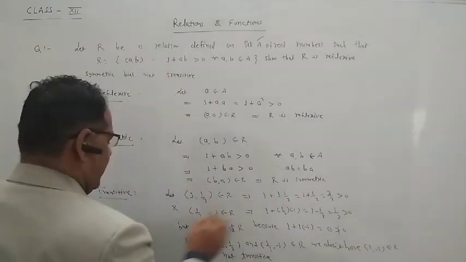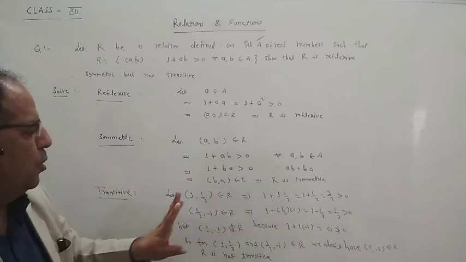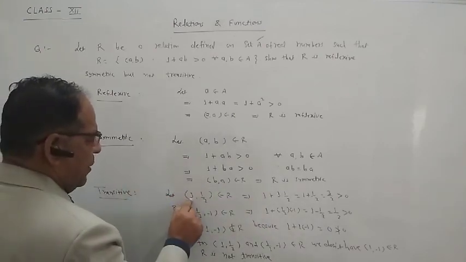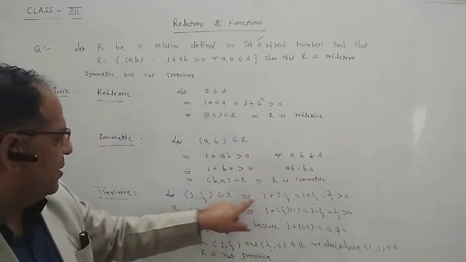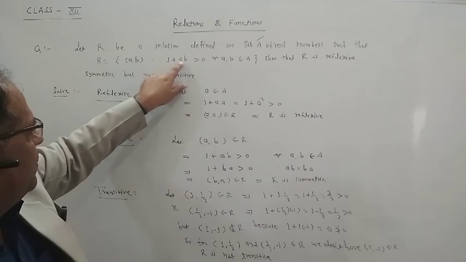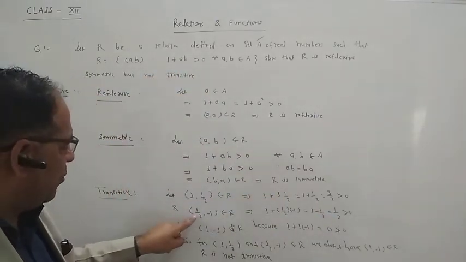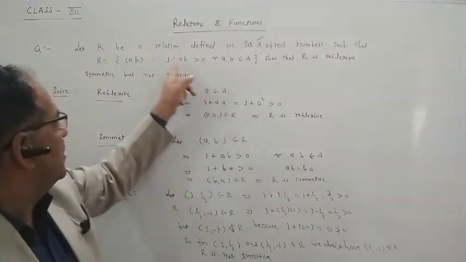Now R is symmetric. For checking the transitivity, we take two numerical pairs defined on the set of real numbers. The first pair is (1, 1/2) of relation R, because this pair satisfies the condition 1 plus ab greater than 0. Similarly, the next consecutive pair (1/2, -1) belongs to R because this pair also satisfies this condition.